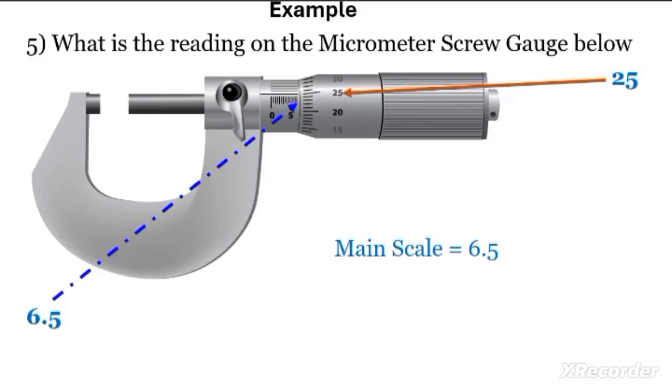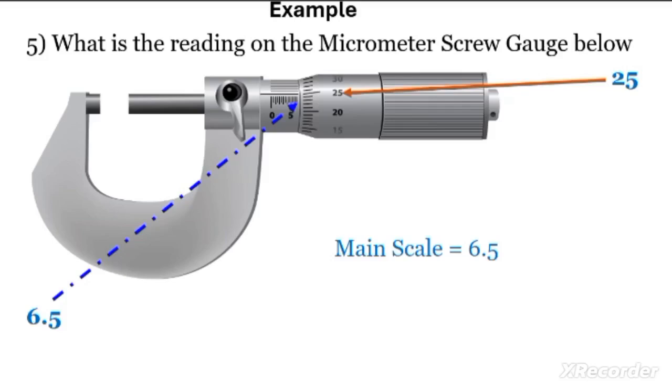So 25, we are going to multiply 25 by 0.01 millimeters. Sorry, I made a mistake by saying 25 millimeters. It is not 25 millimeters.